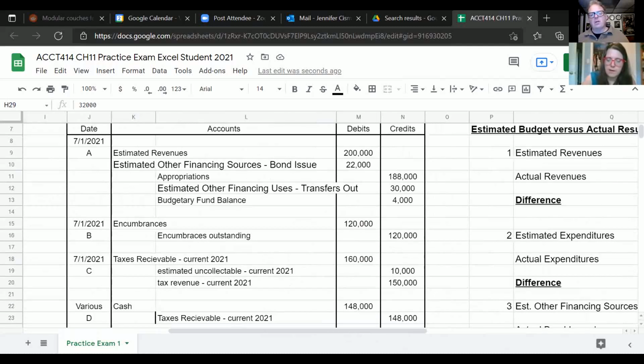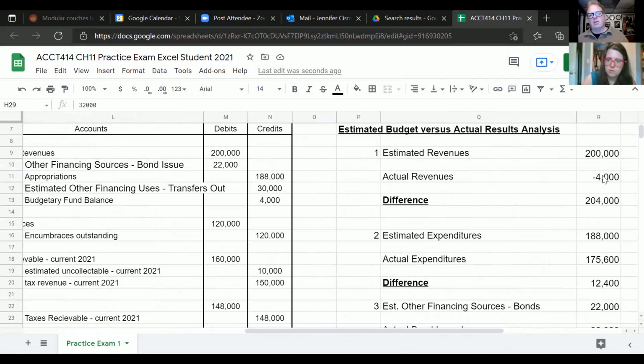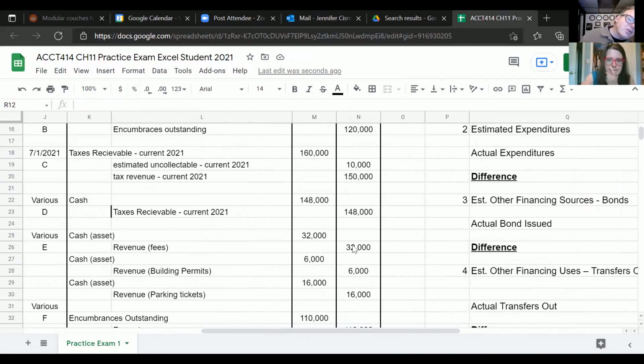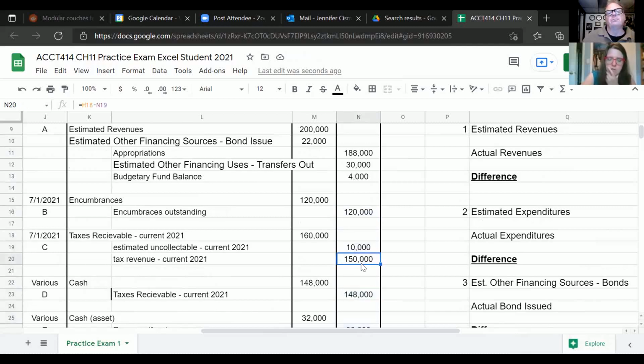So then the difference would be 2,000 because, well, I did it right. I got 204 before. Oh, it's going to be 150 from the tax revenue.